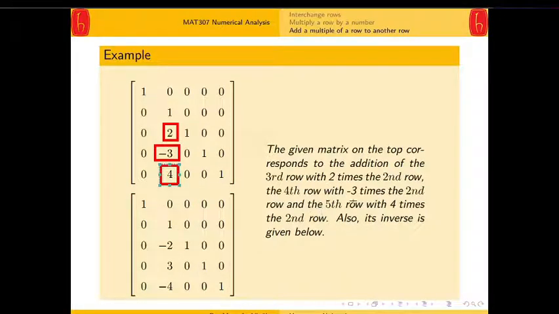Okay, so we add this result to the corresponding row. Okay, so the inverse of this matrix is here. So we indeed replace 2 with negative 2 and negative 3 with 3, and 4 will be replaced by negative 4.